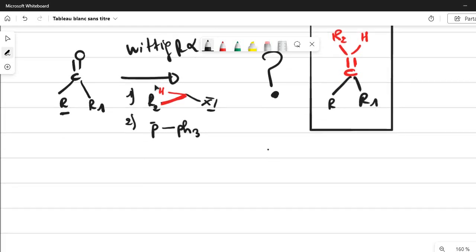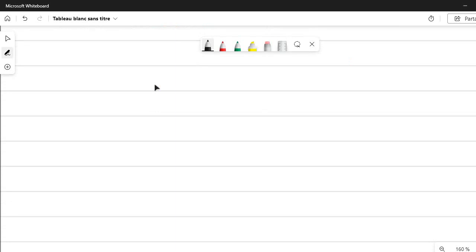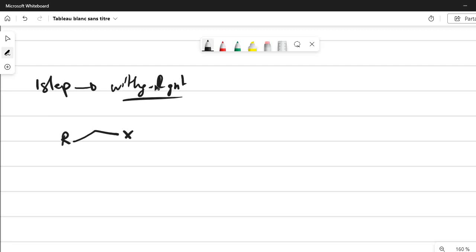Let me try to write the mechanism. So the first step is we need to form our Wittig reagent. We are going to start from this molecule with a halide here. We can add a chloride, a chlor, sorry.